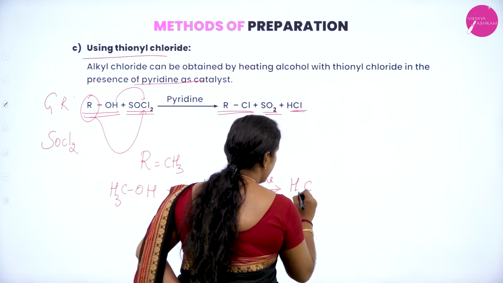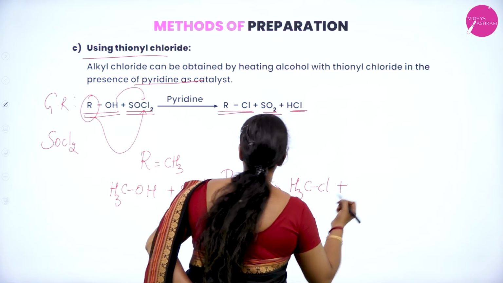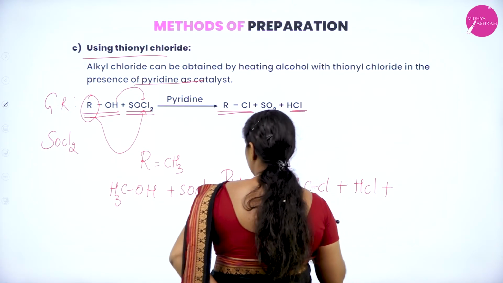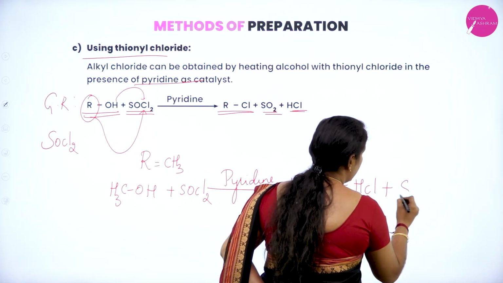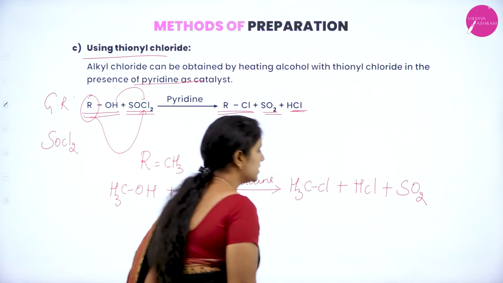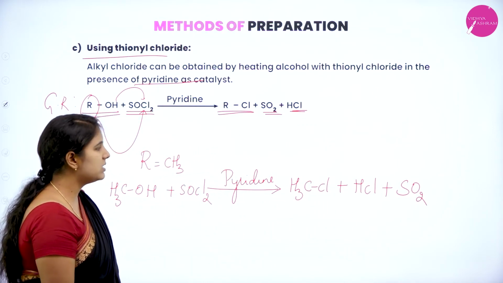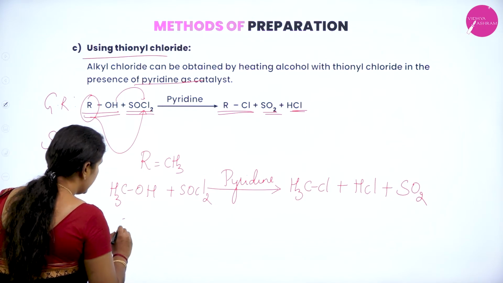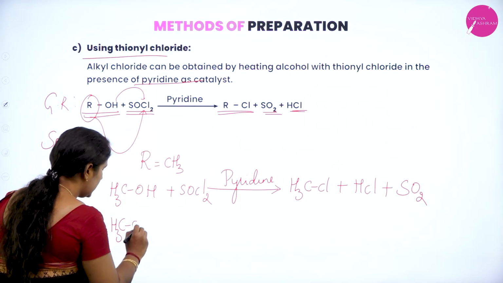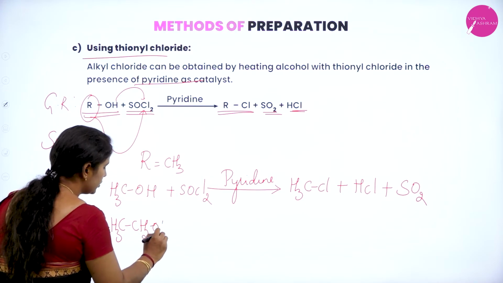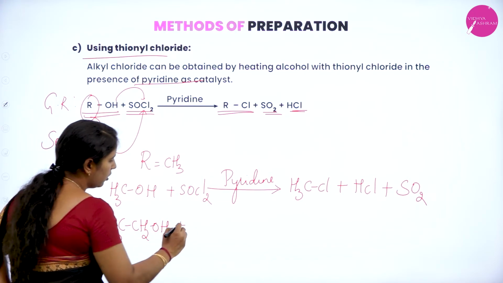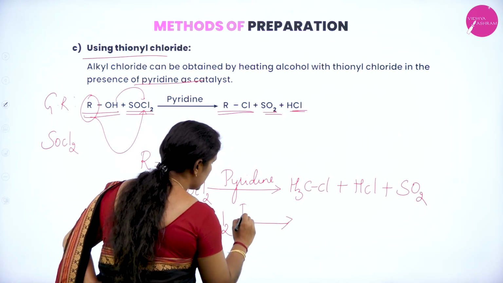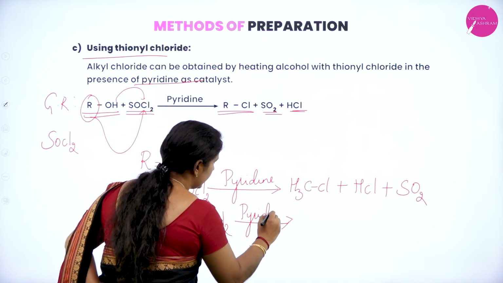This CH3 combines with the Cl and the hydrogen combines with the remaining Cl to form HCl, and sulfur combines with one more oxygen to release sulfur dioxide gas. Or you can take CH3CH2OH also. This is ethyl alcohol which has been treated with thionyl chloride in presence of pyridine as a catalyst.